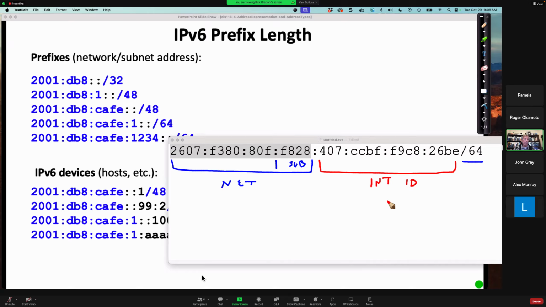So 64 bits for the network portion, 64 bits for the host portion. And if I add those together, of course, that's where I get my 128-bit IPv6 address.